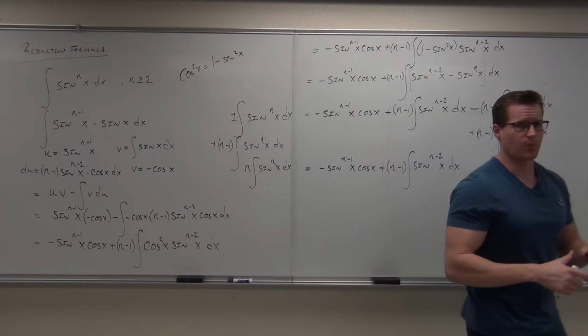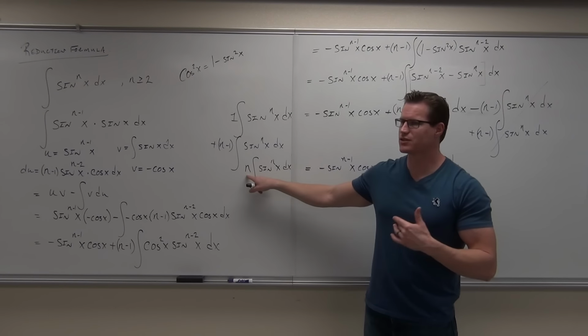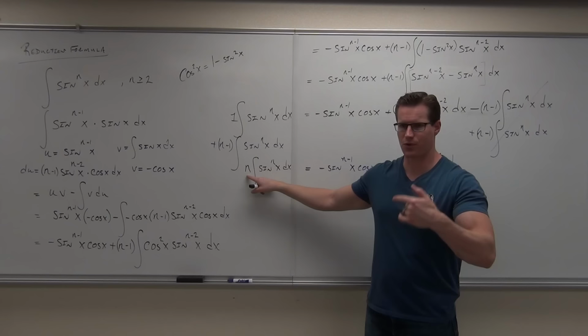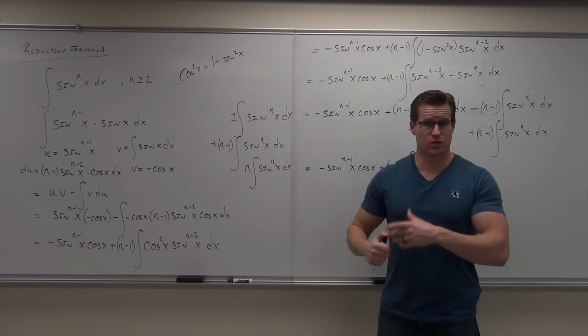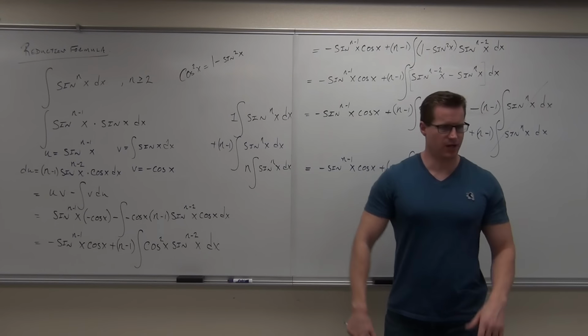Now every time before, when we've had a number out front, remember n is just a number. It's like 2 or 3 or 4 or 5 or 6 or 7. What do we do with that? If it was 3, we divide by 3. If it's n, just divide by n.